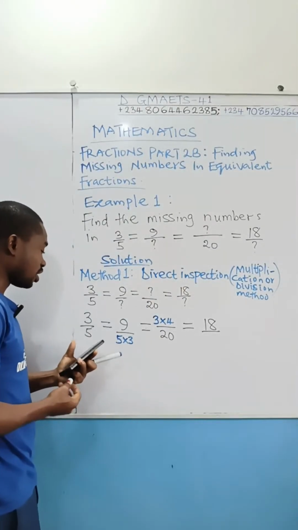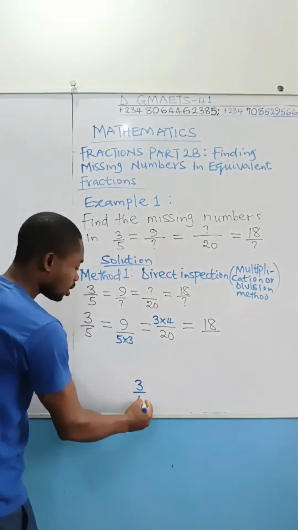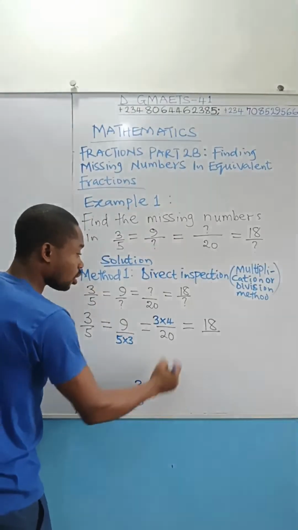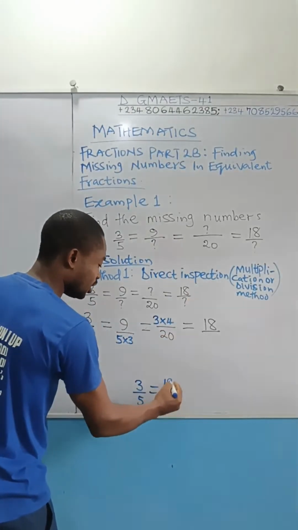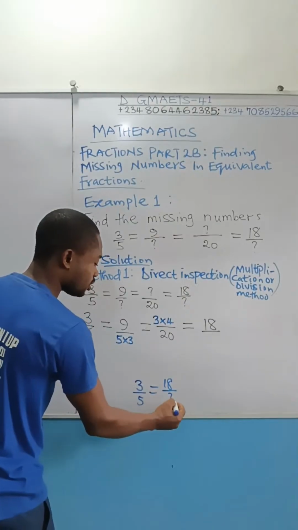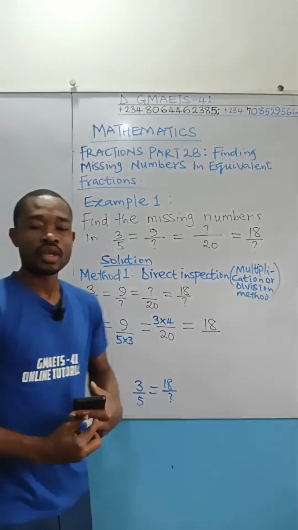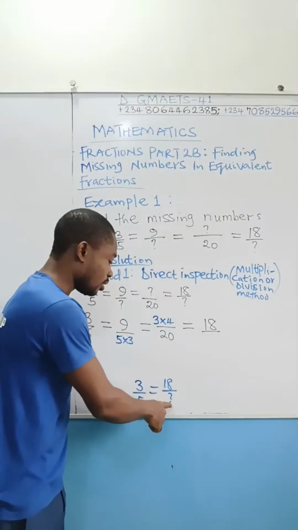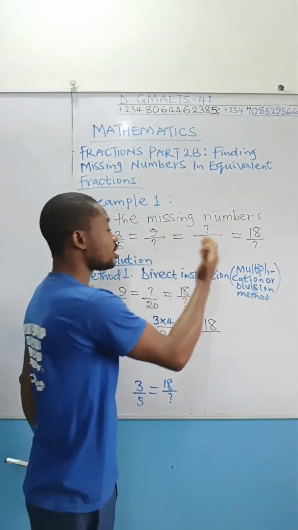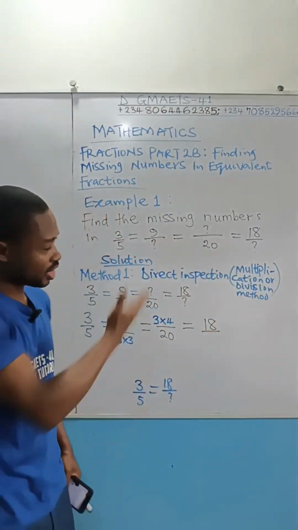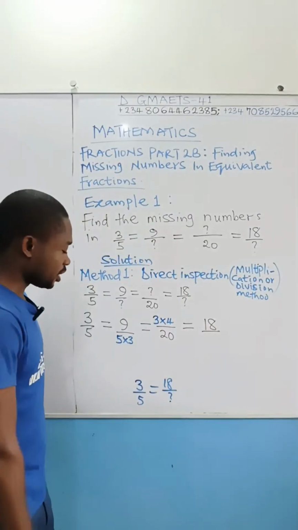So we go back to 3 over 5. This 3 over 5 is equal to 18 over question mark. We don't know what is meant to be here. So how will I know the missing number? Can you use either the multiplication or division method? Okay, let us again go by the multiplication method.